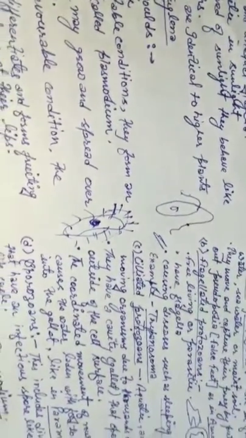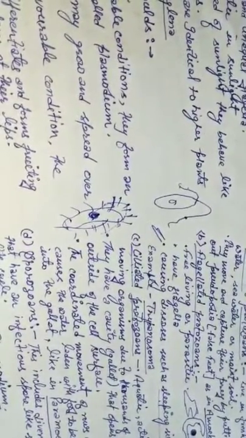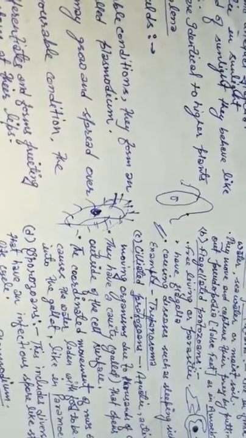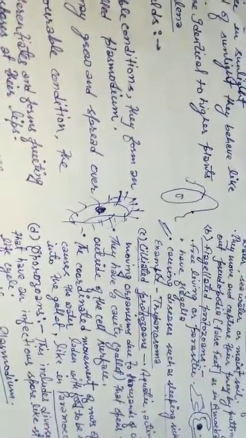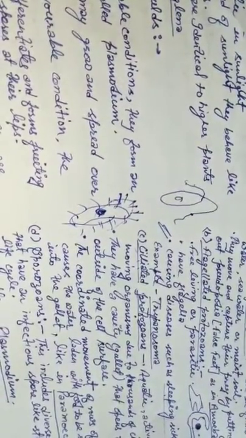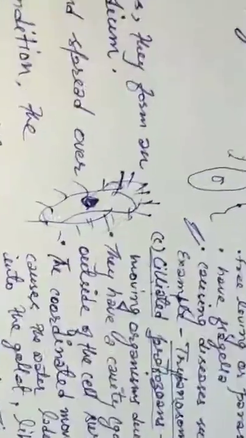Again, these are aquatic in nature. These are very, very actively moving organisms, and the movement of their body is due to the presence of thousands of cilia throughout their body, and they also have a cavity known as gullet that opens to the outside.